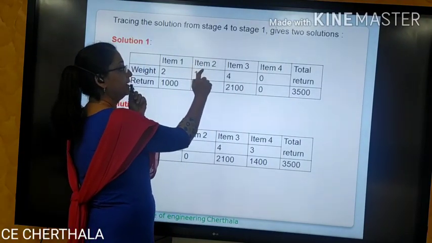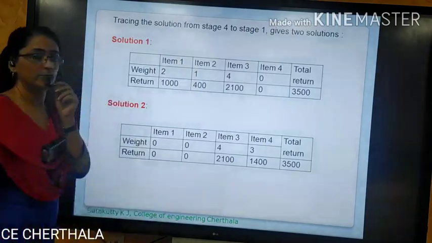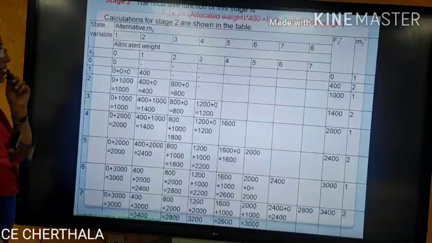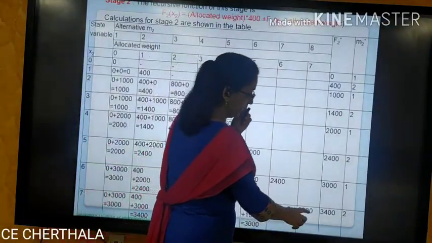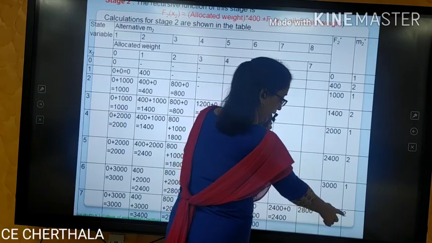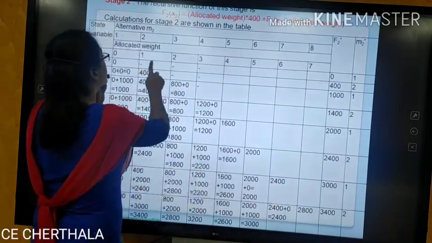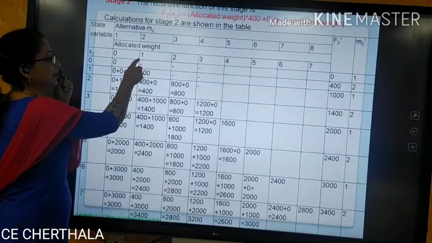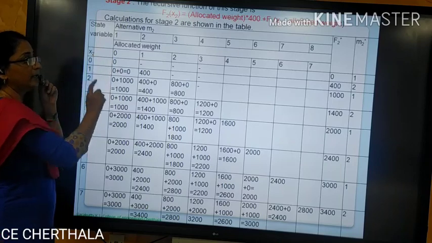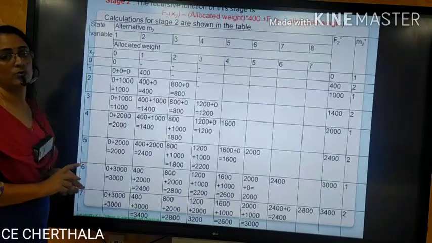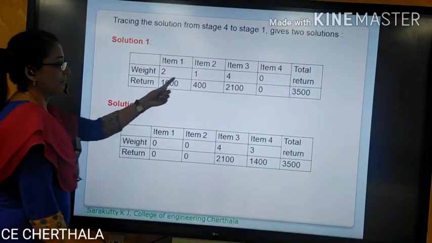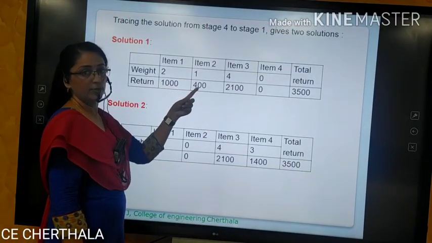Now look at stage 2 for getting item number 2. In stage 2, here the maximum function value is 3400. That is corresponding to second option. Second alternative is 1. So take 1 ton of item number 2.